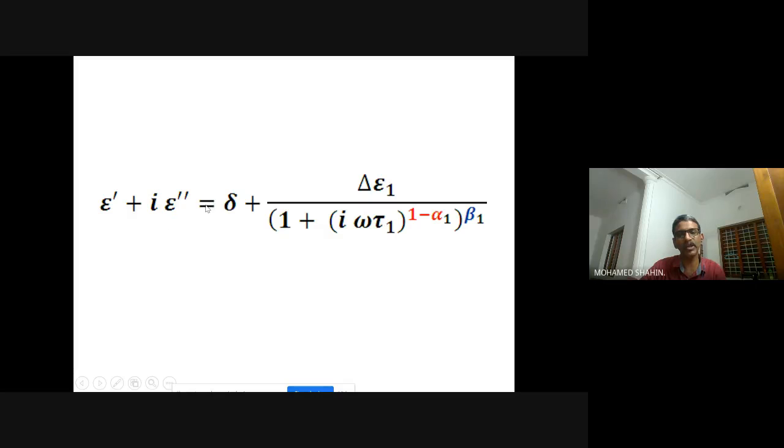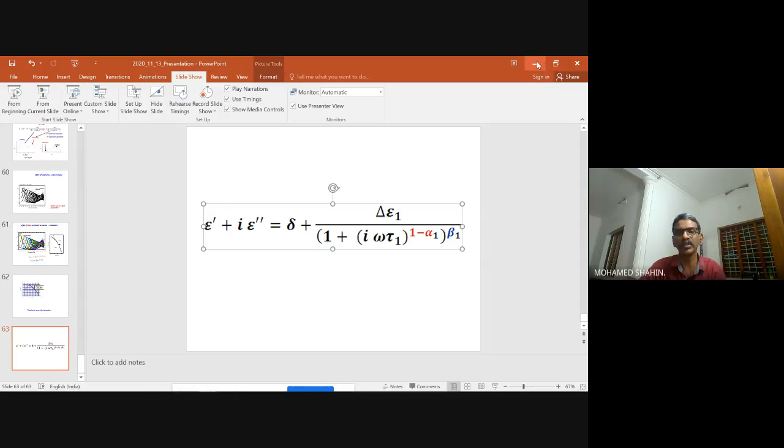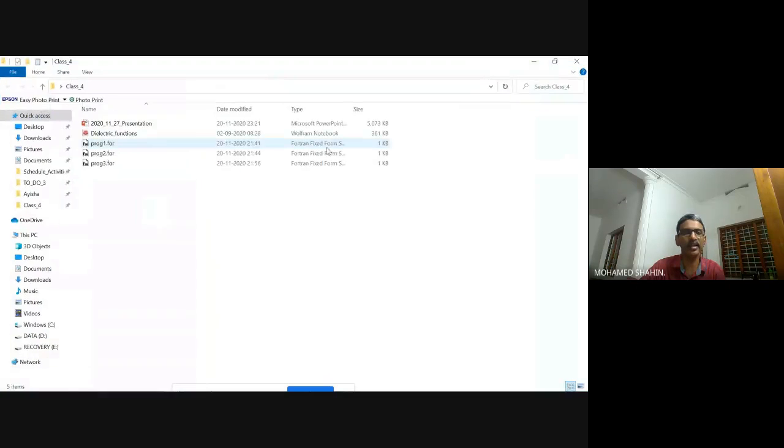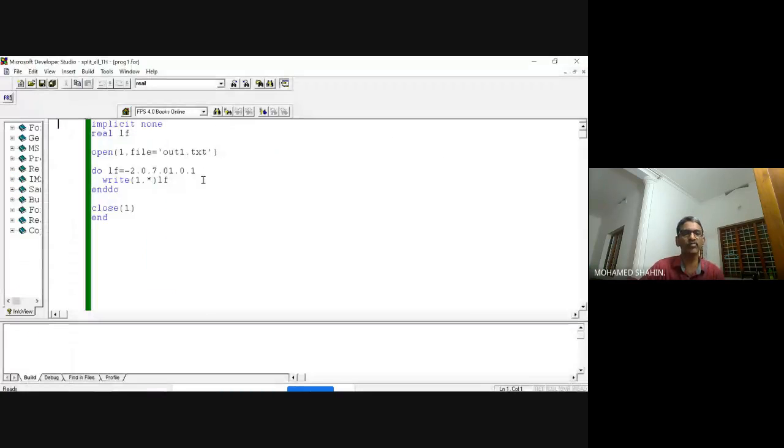But if you equate it to a complex equation, then the program will automatically take care of all the effects coming from the complex. You can see that the denominator is a complex quantity. Let us see how we can do that. For doing that, I'll open the program once again, and show you what we had done.